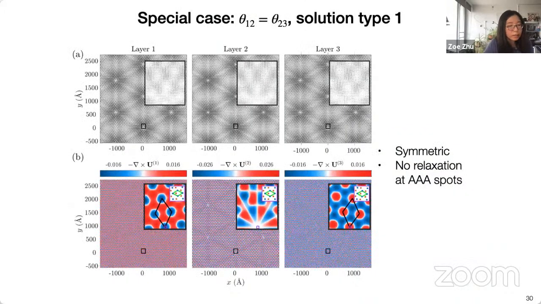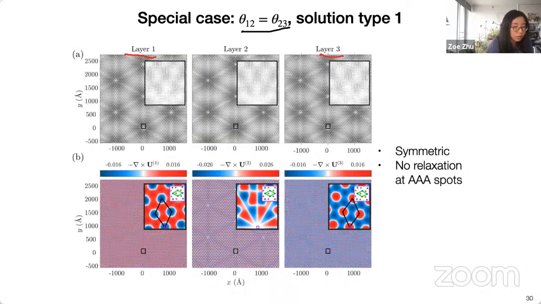Another thing, the system is different from the bilayer system. Another special case is where the two twist angles are equal. In this case, naively, one would expect the relaxation between layer 1 and layer 3 to be identical because of the symmetry.